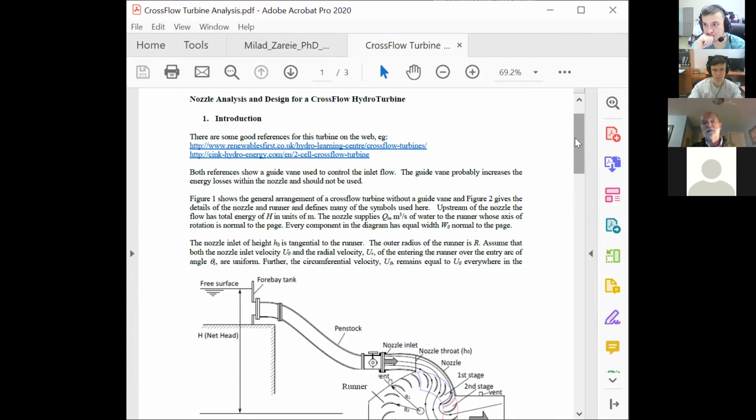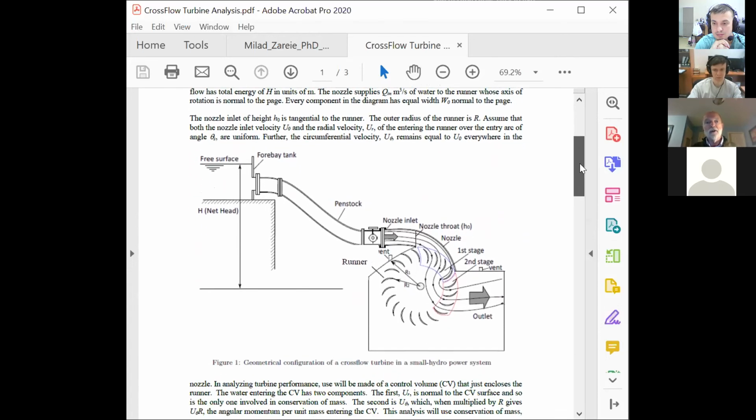And a cross-flow turbine typically is used at the small scale. If, say, you have a remote village in Siberia and that village is near a river, then you could conceive of building a remote power system using a cross-flow hydro turbine to provide power for that village.